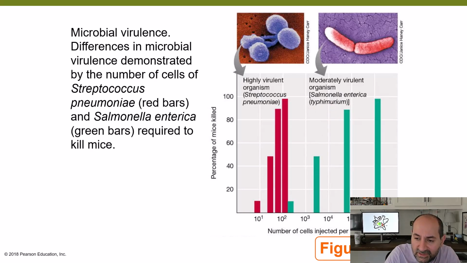But notice this, because it's a less virulent organism, it takes several orders of magnitude more microbes in order to cause disease. You see that? And there's a big difference between the LD50 and the number where you get to 100% death. You see there's a bigger spread here than with the more virulent organism.